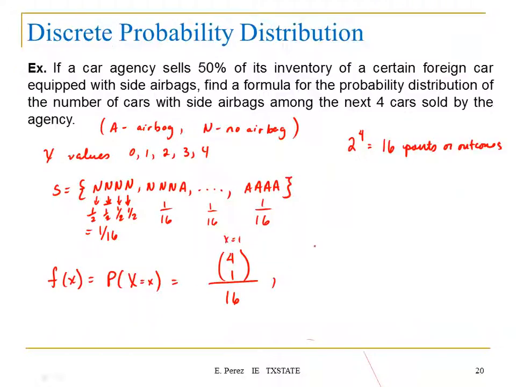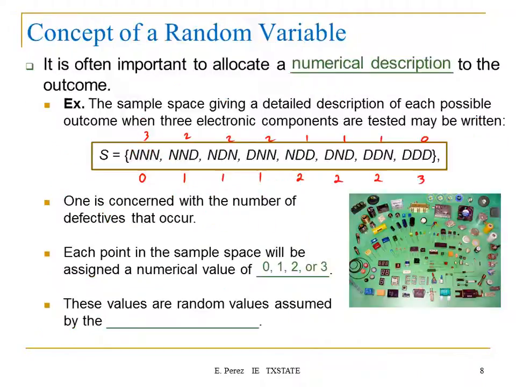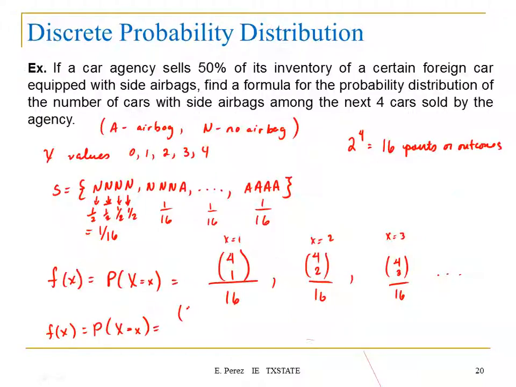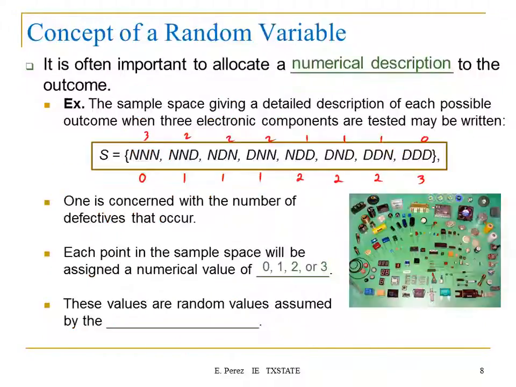For x equals 2, it will be 4 choose 2, divided by 16. So we can define a general expression that says f of x is equal to the probability of X equals x, which is equal to 4 choose x divided by 16, where x is equal to 0, 1, 2, 3, and 4.